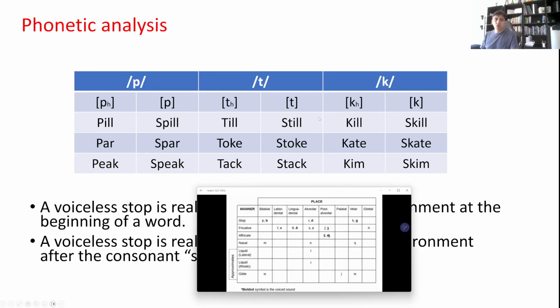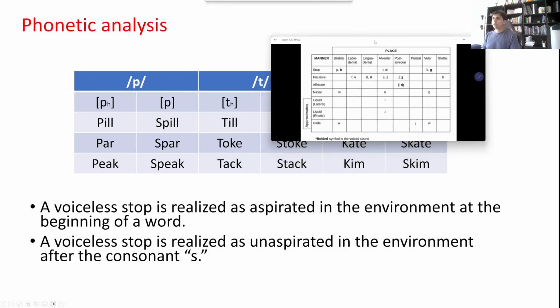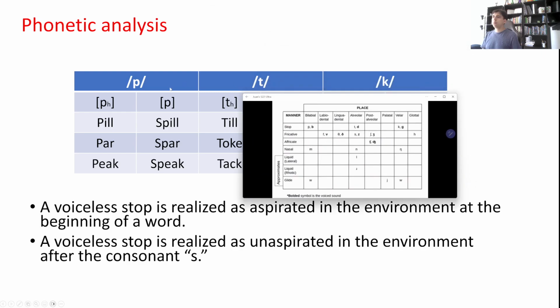Of course, we also have to use our International Phonetic Alphabet chart, where we see the P, the T, and the K. They are in the same manner of articulation, that is a stop, and they are all voiceless. So I can say something like this: a voiceless stop, P, T, and K, is realized as aspirated.